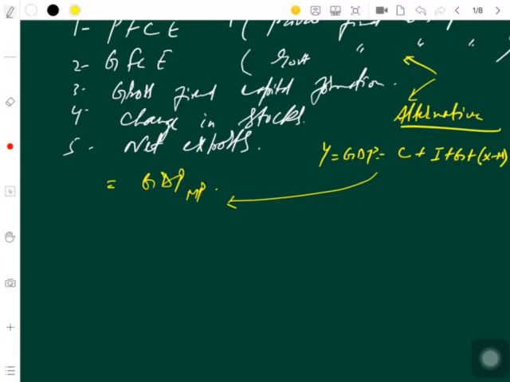Got it? Then our third step is measurement of final expenditure on these above components.